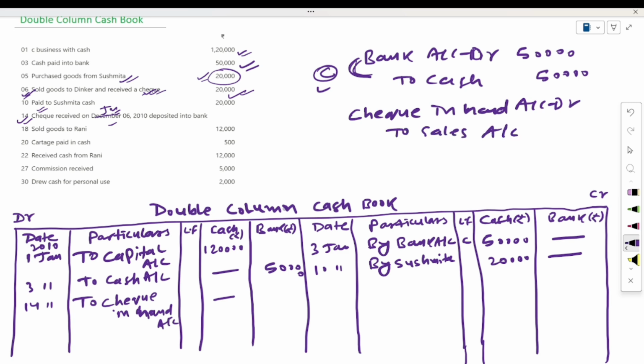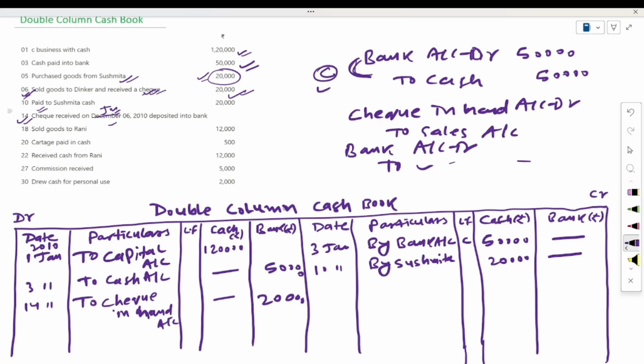This entry passes first, whatever the amount. Now you are depositing the check into the bank, so again you have to make the entry, which is bank account debit to check in hand account. That's why I'm writing here "to check in hand". How much will be deposited in your bank account? 20,000.